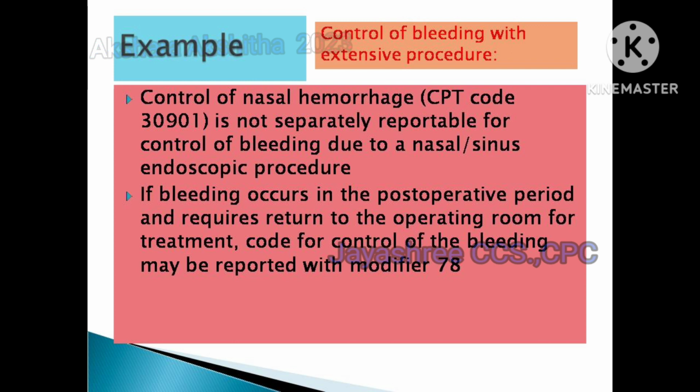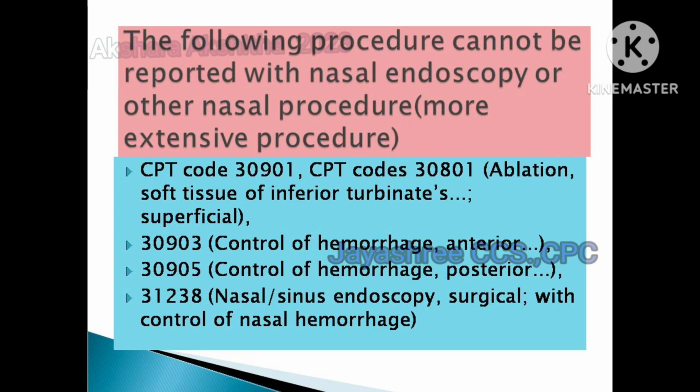The following procedures cannot be reported with nasal endoscopy or other sinus procedures or a more extensive procedure. What are those procedures? Ablation of inferior turbinates, and any major procedure like 30901, 30801, 30903 control of hemorrhage anterior, 30905 control of hemorrhage posterior, and 31238 nasal or sinus endoscopy, surgical, with control of nasal hemorrhage.